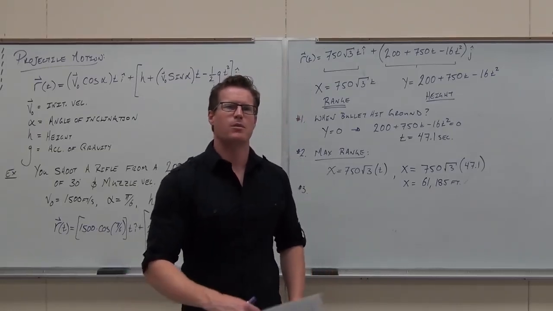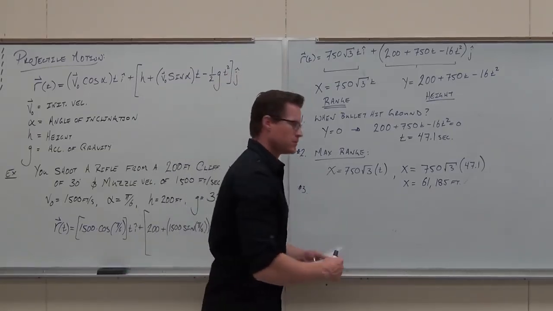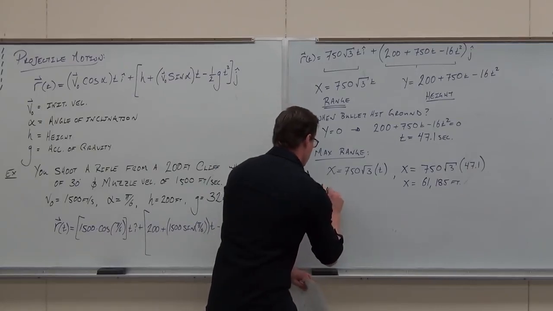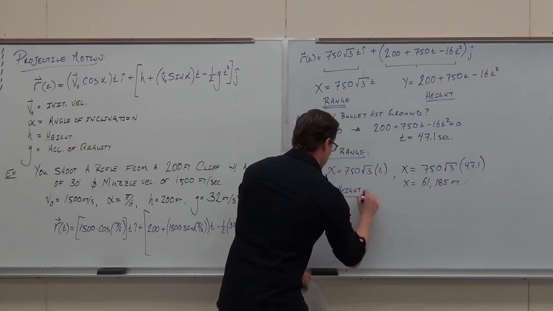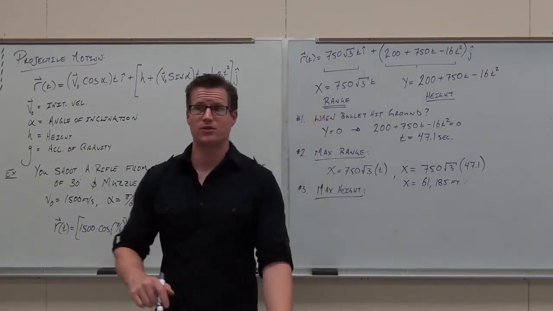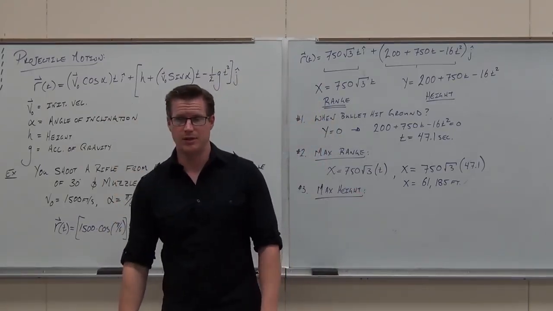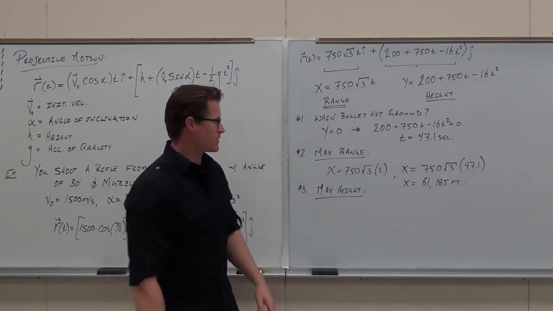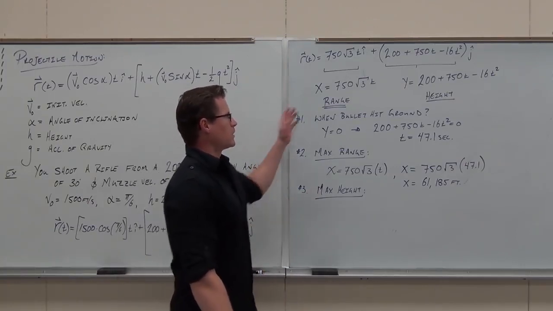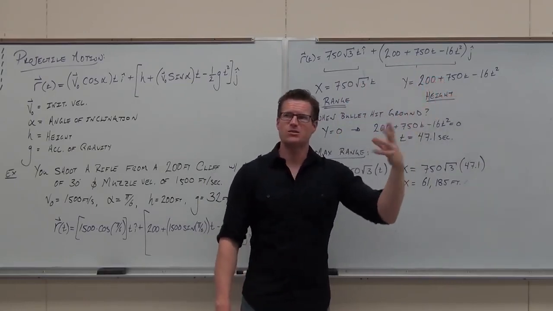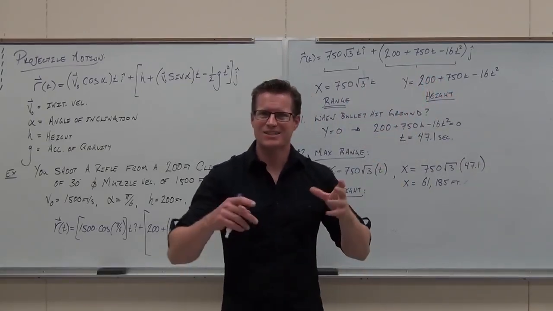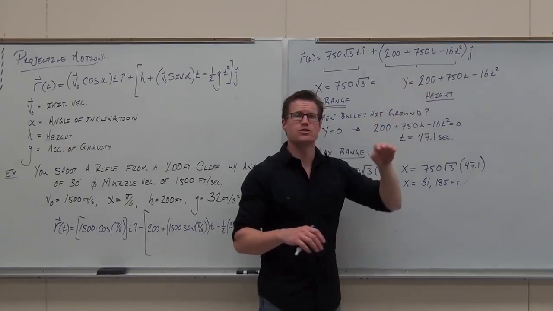Could you find the maximum height? Don't want to hit any aircraft, so you don't just shoot guns in the air, because that's really stupid. Let's figure out the maximum height. What gives us height? Well, the y gives us the height. The way that you find maximum height for a parabola is one of two ways.